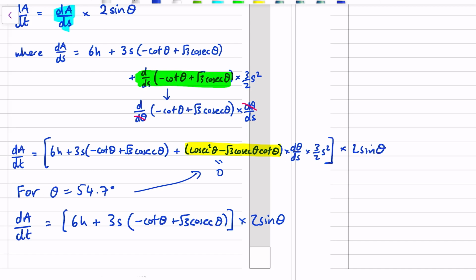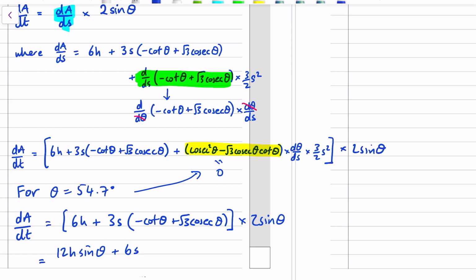Okay, now we can distribute the 2 sine theta through the brackets. So we've got 12h sine theta, and then 6s, which sounds awfully like success, and we're near the end here.